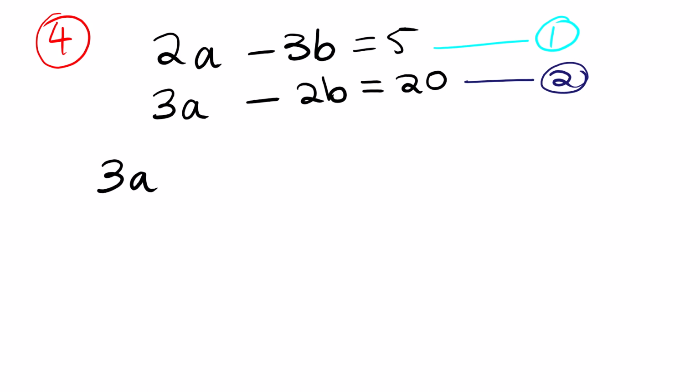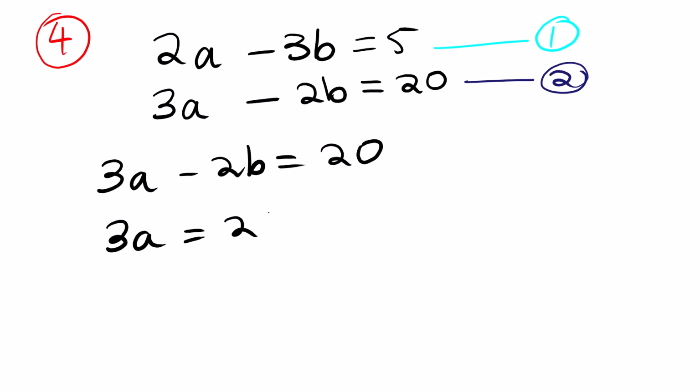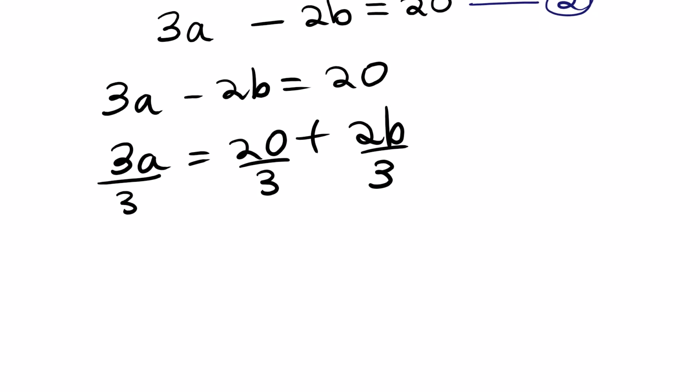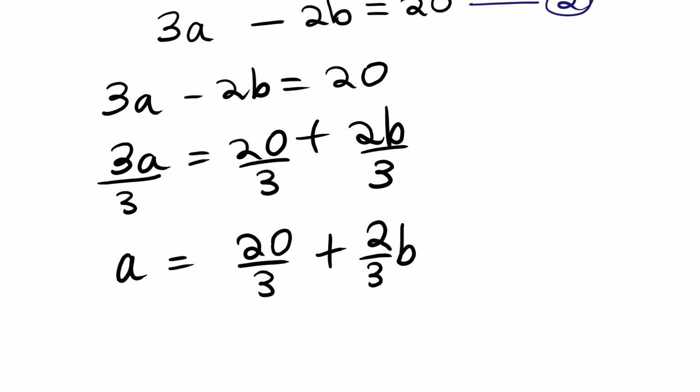So we have 3a minus 2b is equals to 20. I have 3a is equals to 20 plus 2b. Then I divide all the terms by 3. And then I have a is equals to 20 divided by 3 plus 2 over 3b. This will be my equation 3.